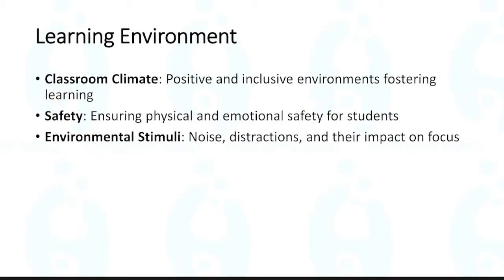Correct. And in smaller groups, what can happen? There can be increased student participation and also better classroom management. Okay, and we can get a positive and inclusive environment fostering learning. Apart from that, safety and accessibility are very important, because a safe and accessible learning environment is essential for promoting a student's well-being.